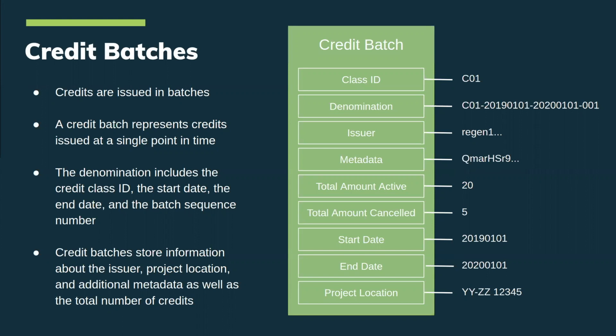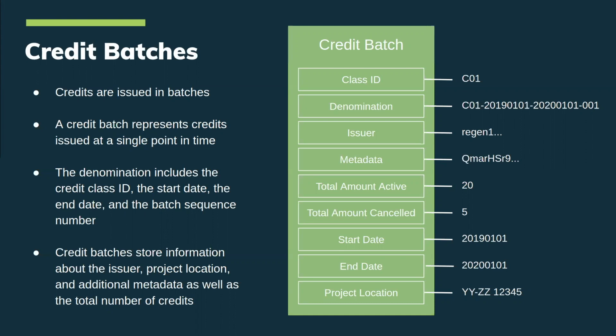So in the credit class properties, we had number of batches as one of the properties. And essentially this would be the first batch issued from the credit class C01. And each batch will have this unique denomination that includes the start and end date.